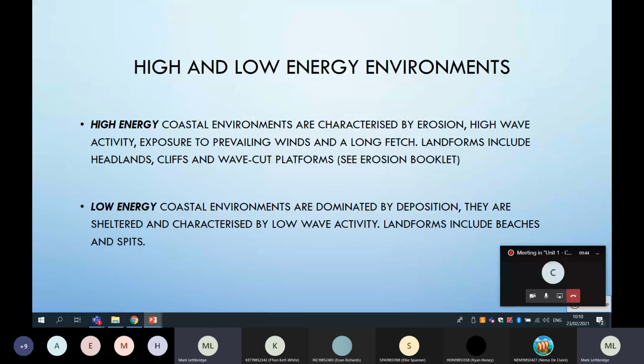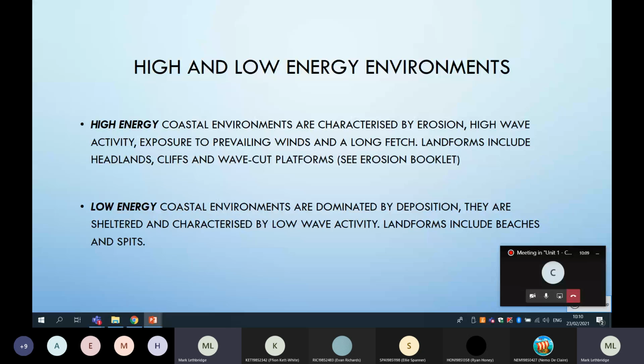Now, one thing that we do have to be aware of with all of this is the idea of scale, because so far we've talked about all of these things relatively locally, because we've been talking about individual landforms as part of a specific coastline, where we have to be aware that high and low energy environments can be localized in that way.